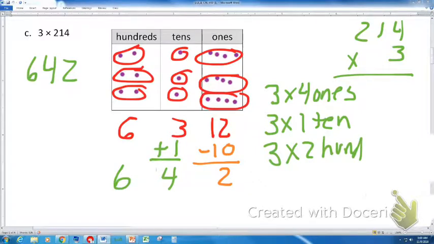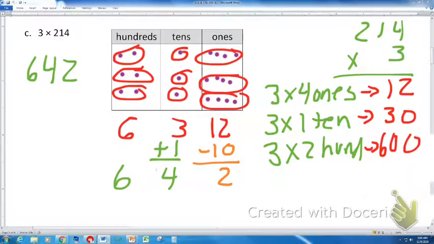Now, 3 times 4 ones is 12. 3 times 1 ten is 30. And 3 times 200 is 600. We add up our numbers, 2, 4, and 6: 642. And once again, we have the same answer. Same thing for letter D, except we're adding in the thousands place value.